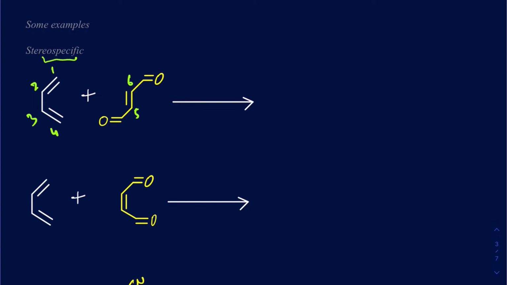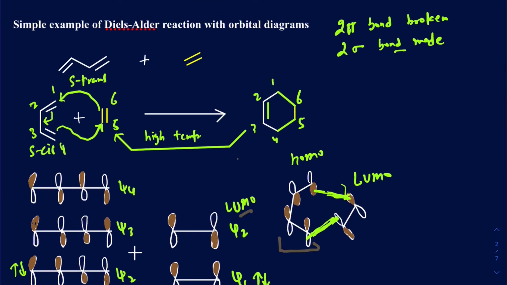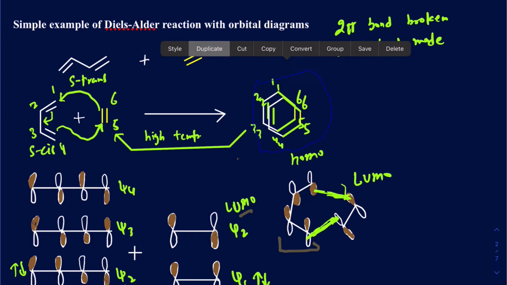Whether I have this 4 attacking the 5 or 1 attacking the 5 doesn't make a difference. And then I can have this 6 going back to 1, and then this bond rotating, and this is how your concerted step is going to take place. So let me just go back and copy this down instead of remaking it.